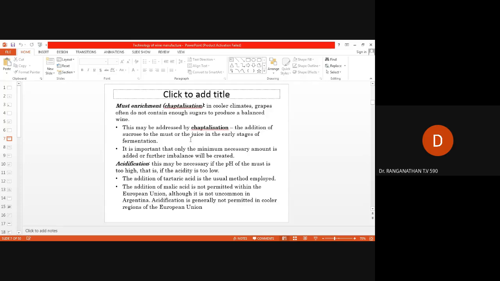What is chaptalization? Now, conventionally, when you consider the total sugar or the hydrolyzable fermentable sugars in the case of grapes, it will be somewhere around, say, a maximum of 15 to 17.